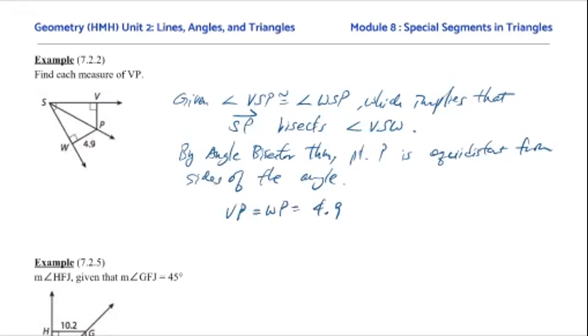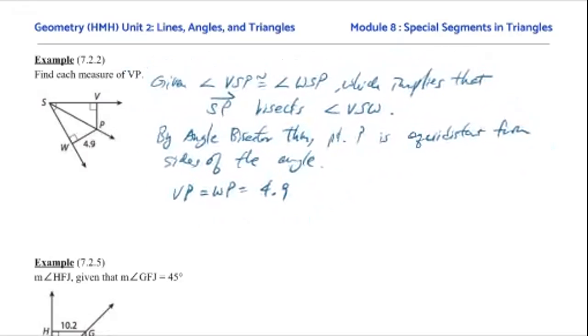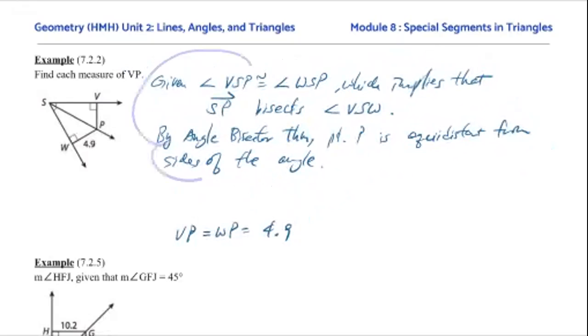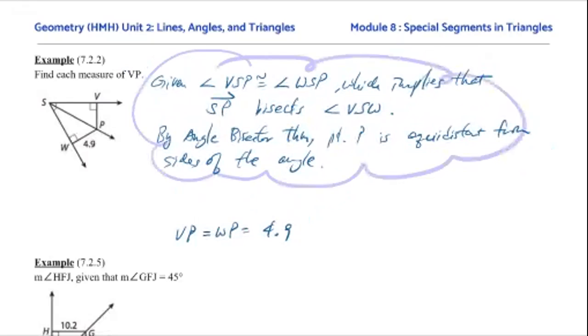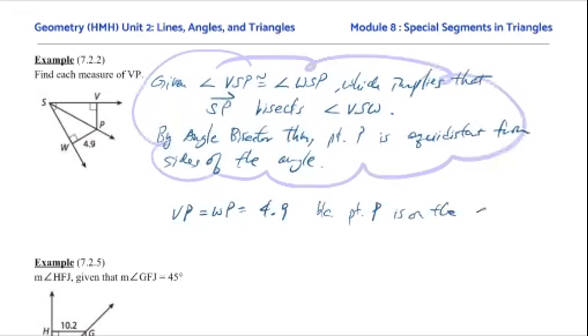Now, this is not really realistic to write, because it's kind of long when you're doing a problem. So this is what you should be thinking, but what you should be writing for the homework is the following. You could say VP is equal to WP is equal to 4.9, because point P is on the angle bisector.